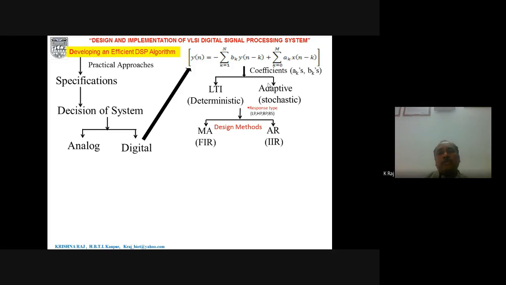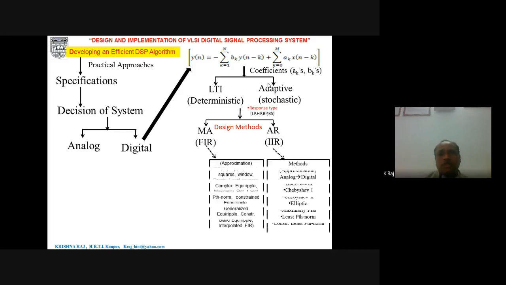Moving average is the FIR filter, and autoregressive is the IIR. After this selection, we will select the different designing methods or algorithms, which are known as the different designing approximations.